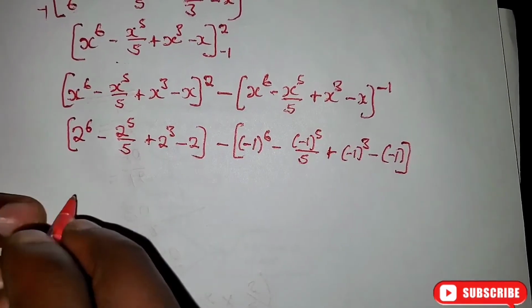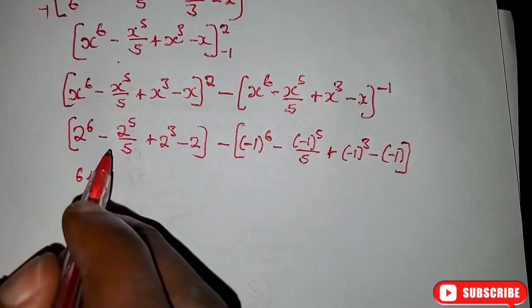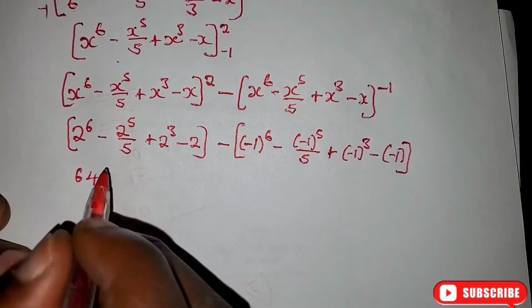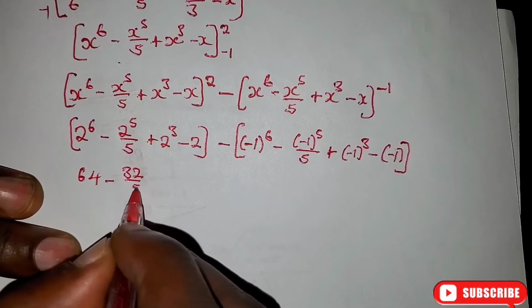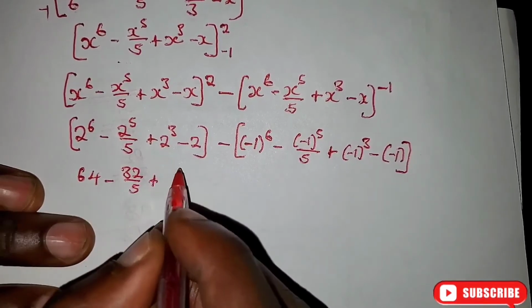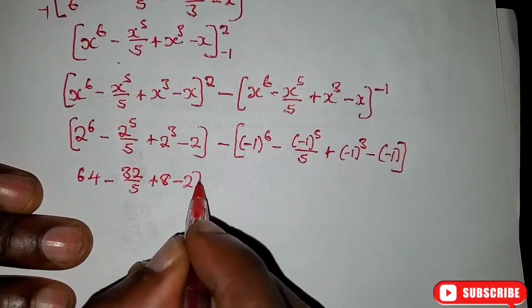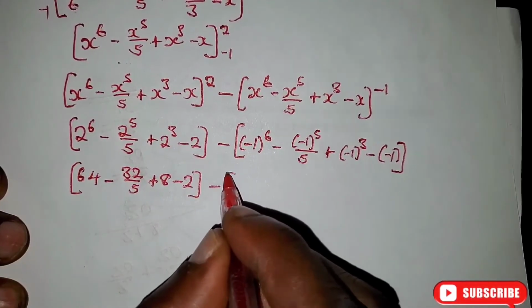2 to the power 6 is 64 minus 2 to the power 5 is 32 over 5 here, plus 2 to the power 3 is 8 minus 2, like this. Then you do the same on the other side.